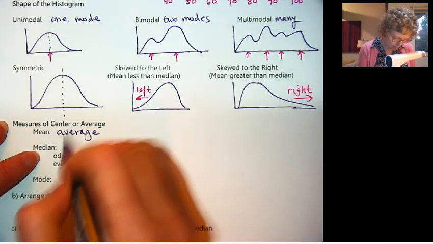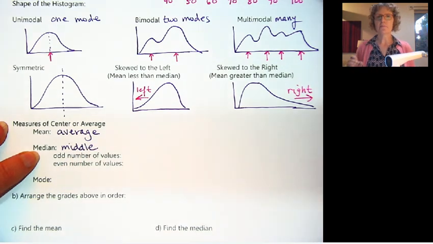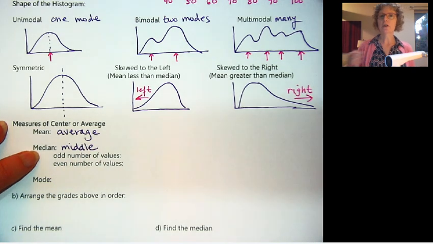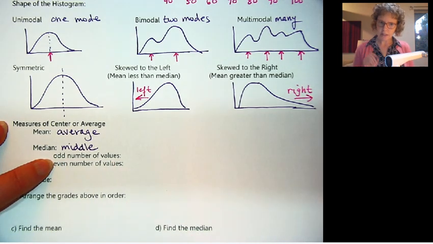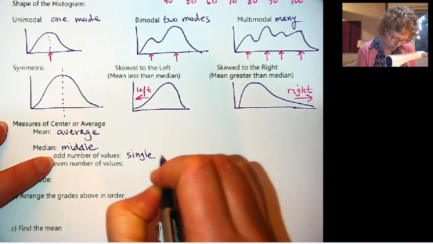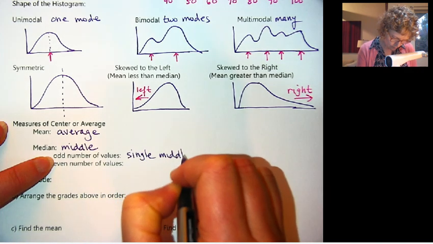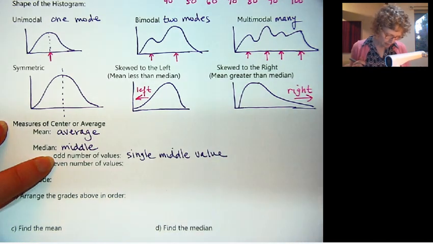The median is the middle. It's the middle number. Half are below and half are above. Now that's easier if you have an odd number of values, then there's one in the middle. So it's the single middle value. And we'll do this with our example in just a minute.